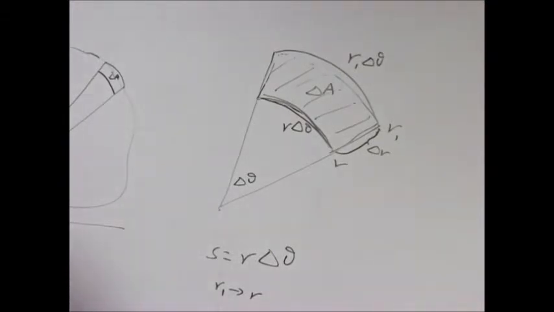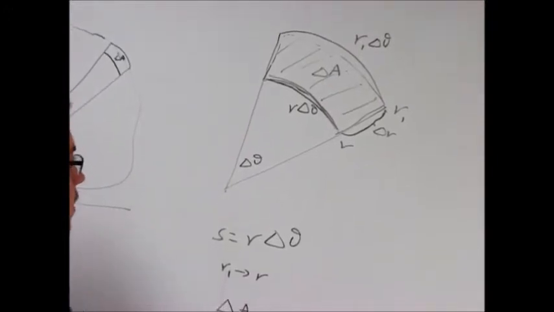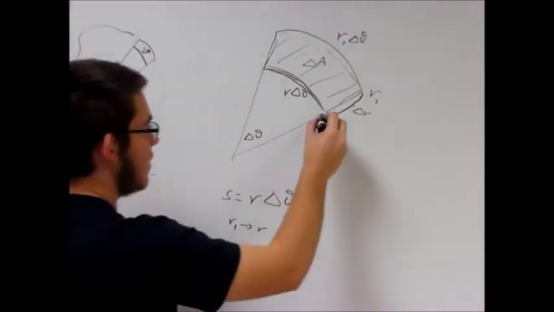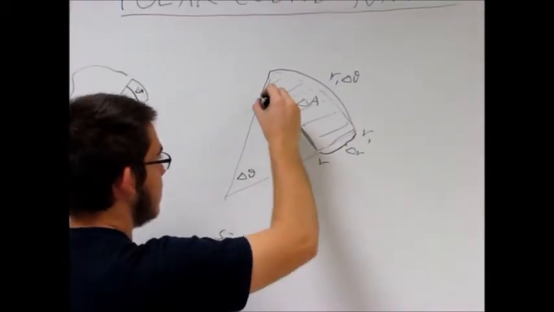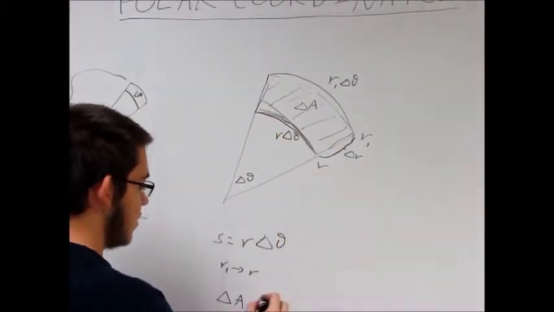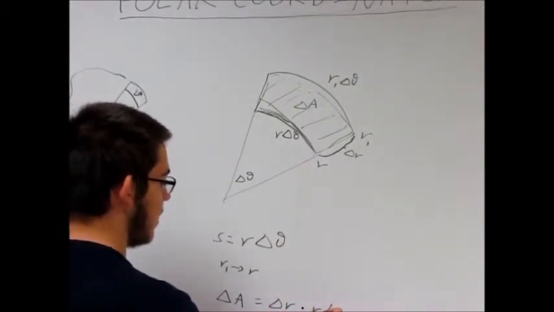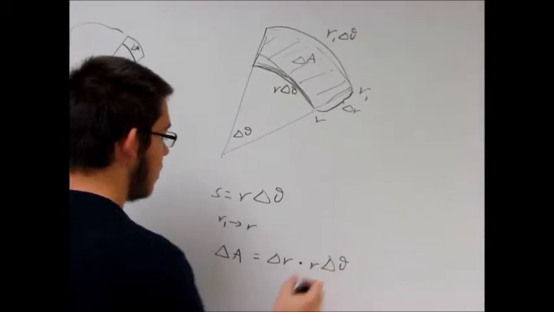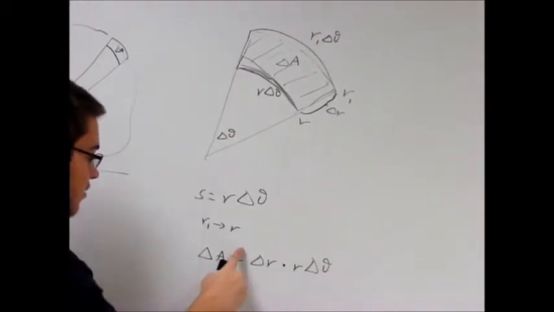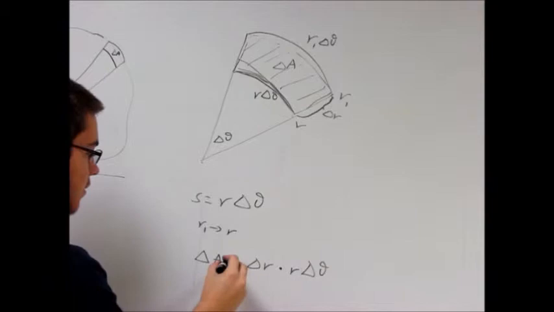The area of the rectangle will just be the length of this times the length of this, which is delta r times r delta theta. Of course, it's not exactly a rectangle, so this is just an approximation.